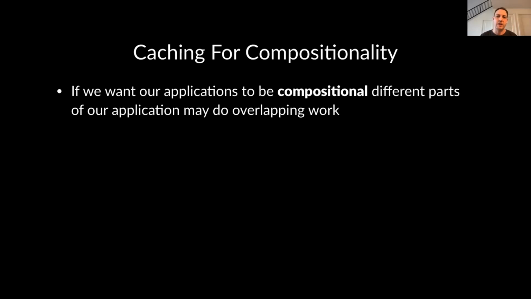Because if we want our applications to be compositional, then we want to be able to build each part of our application separately. So you can imagine if we're working on some social networking site, we might have one part of our application that's supposed to render all of the user's friends and tell them what their friends are doing. And then we might have another part that's supposed to serve relevant ads to users.